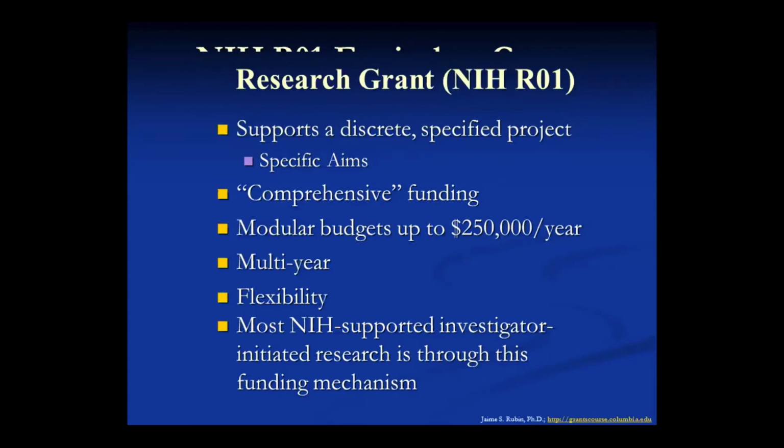I'm going to show a little bit later that one does not need to submit a detailed budget if you are requesting $250,000 or less in direct costs every year. They're multi-year, usually for 4 or 5 years. There's some flexibility in how the funding is spent, as long as you are still addressing the specific aims that were funded in that initial application. And as you can see in the last bullet, this is the term investigator-initiated research.